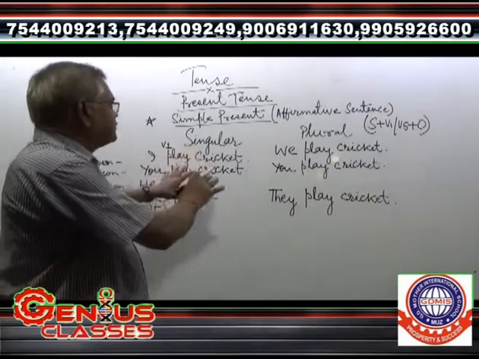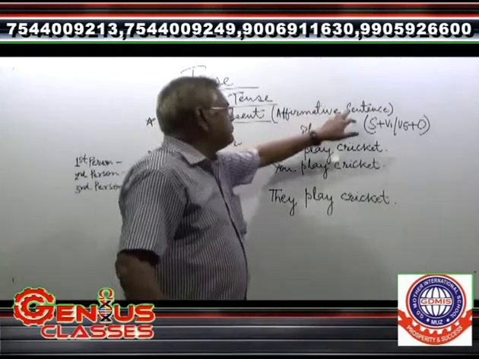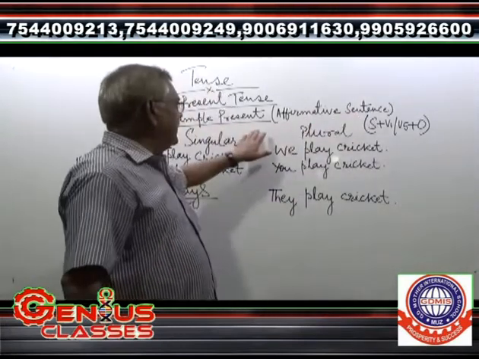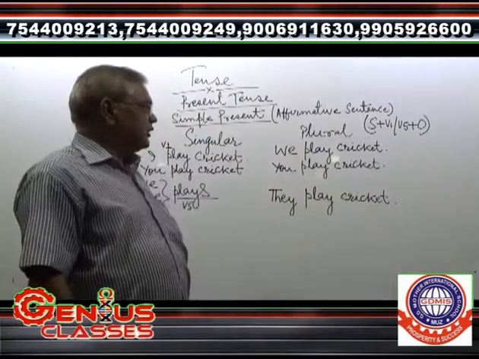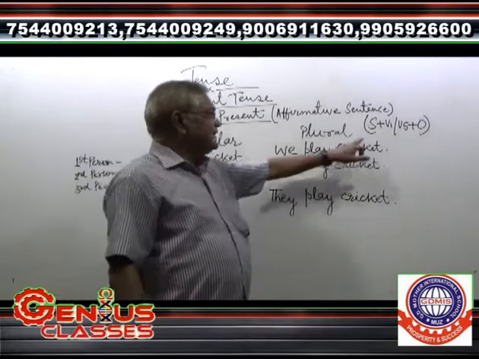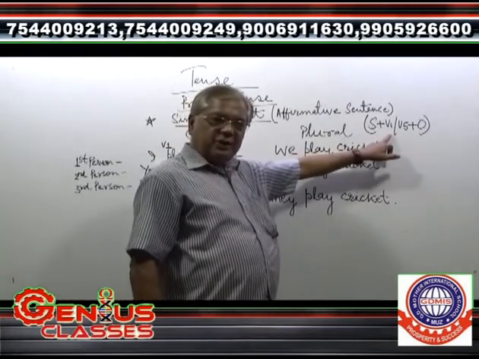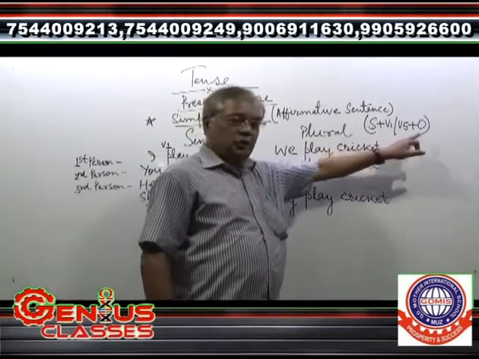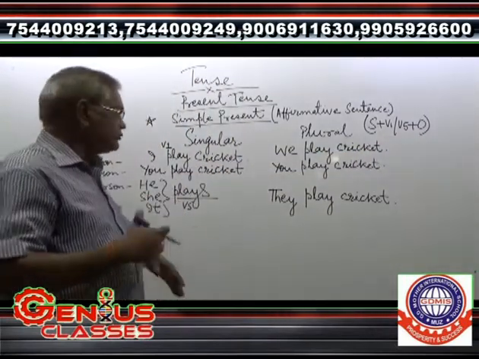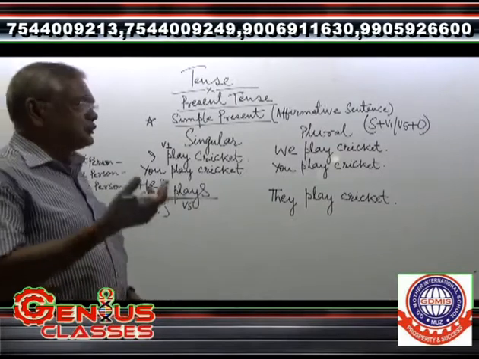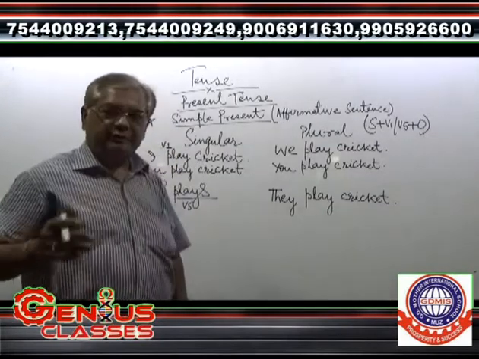So this is the structure of simple present tense with affirmative sentences: subject plus V1 or V5 plus object. I have explained person-wise where to use V1 and where to use V5.